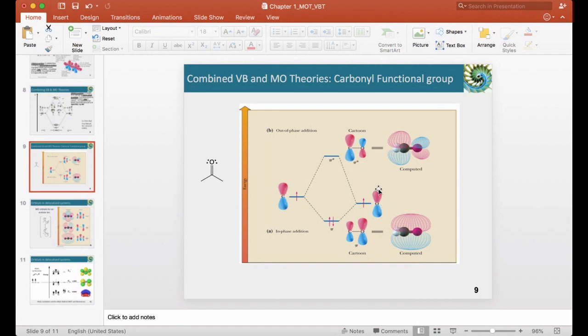Now, something that is significant here is the energy level for the p orbital for the oxygen is lower as compared to the carbon, because the oxygen atom is more electronegative, which means that it attracts the electrons more. These electrons are closer to the nucleus, they're lower in energy. That's why whenever you have different atoms in a molecular orbital diagram with different electronegativity, the one that is more electronegative, those orbitals have to be lower in energy.